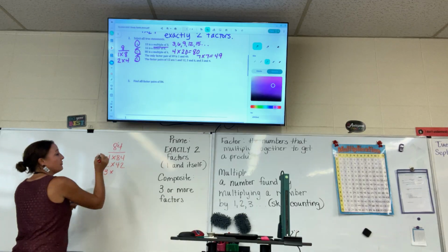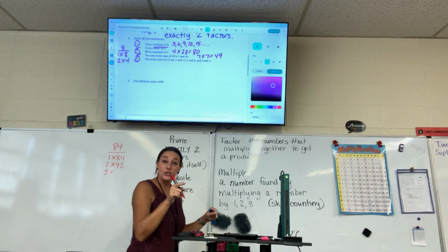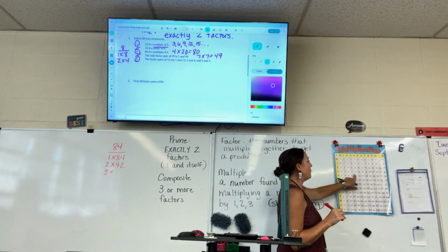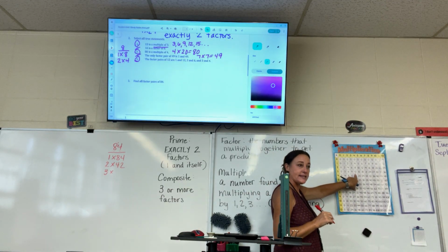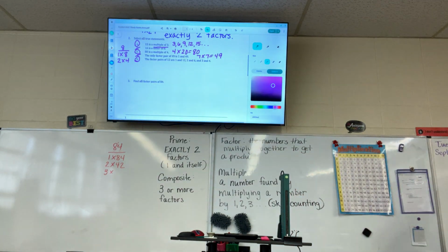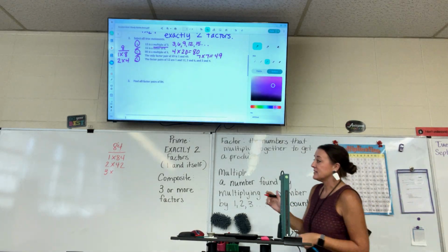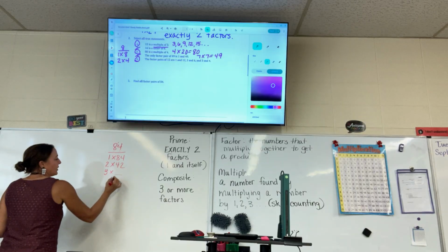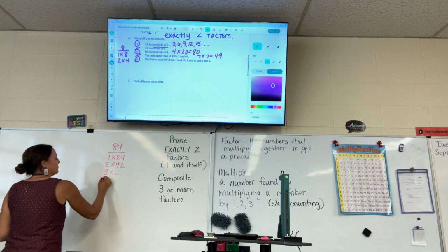Yes, it is 12. So since 8 plus 4 is 12, let's come over here. Is there a 12 on the 3 row? Yes. That means if we kept going on our 3 row, eventually we would count 84. So that's a little trick. So 3 is a factor, but I don't know what its partner is yet. We'll come back to that.